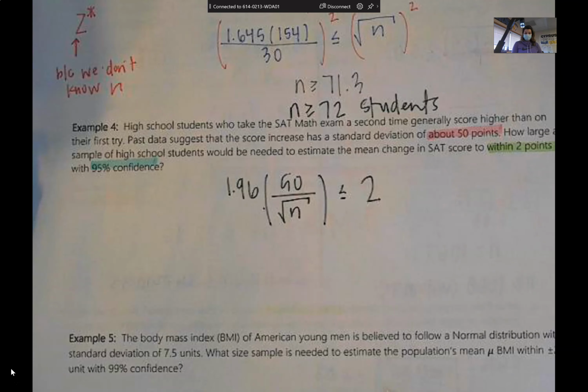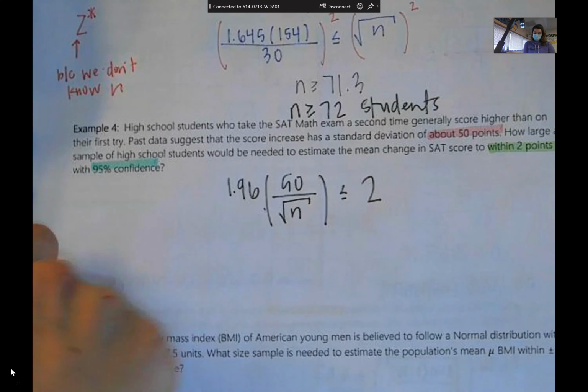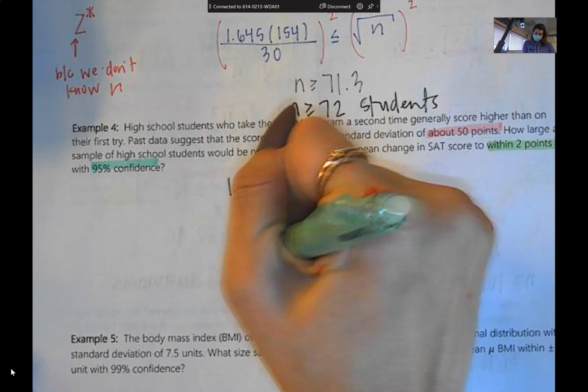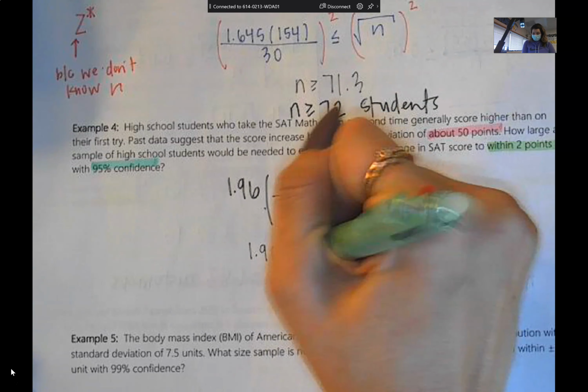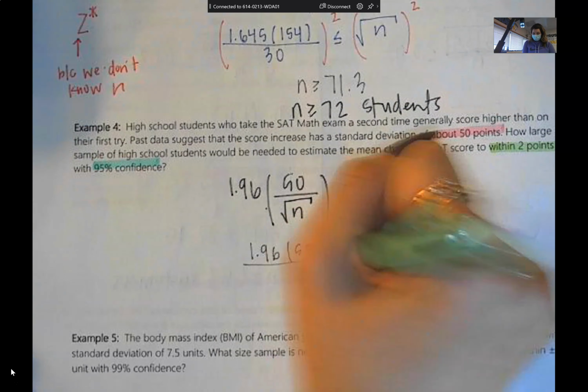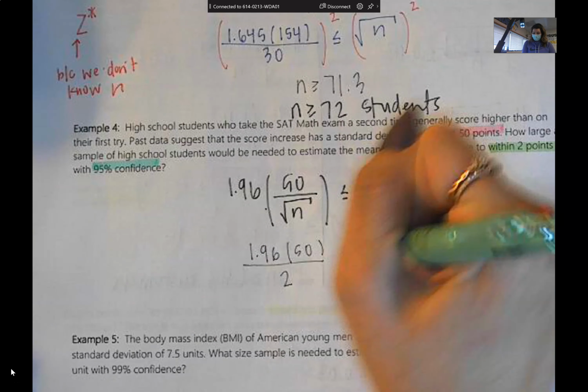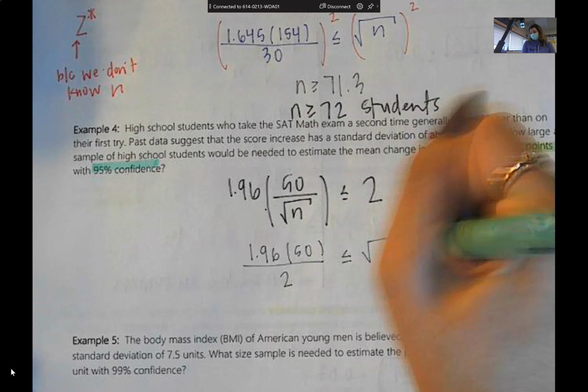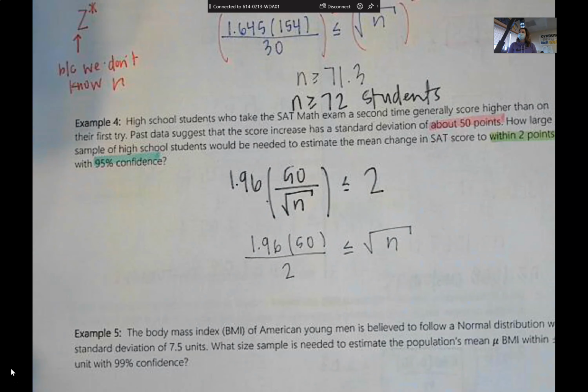Okay, well, I can just do the switcheroo. So 1.96 times 50 over 2. It's got to be less than or equal to root n.